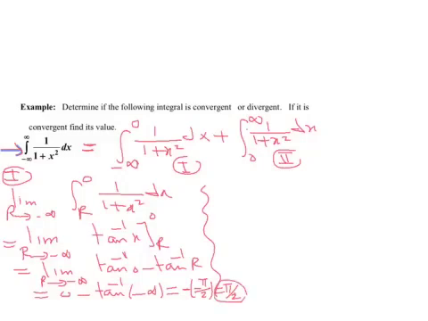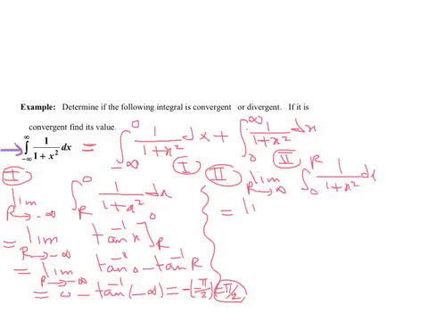So we must continue and see the second one. Second one, in a similar way, r goes to infinity, 0 to r, 1 divided by 1 plus x squared dx.